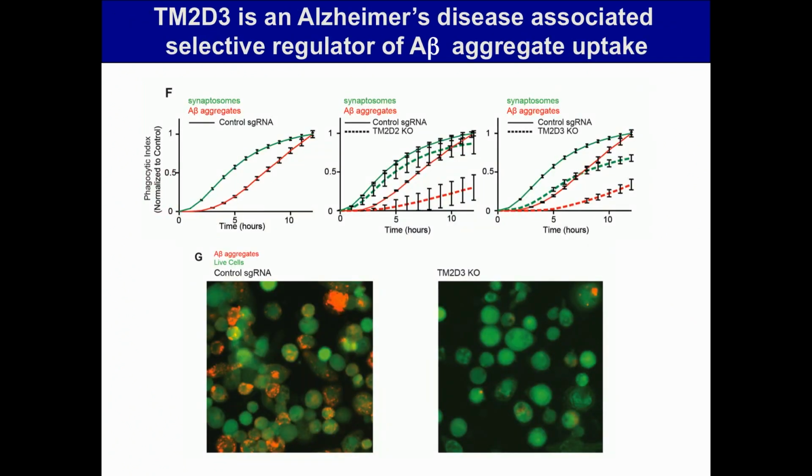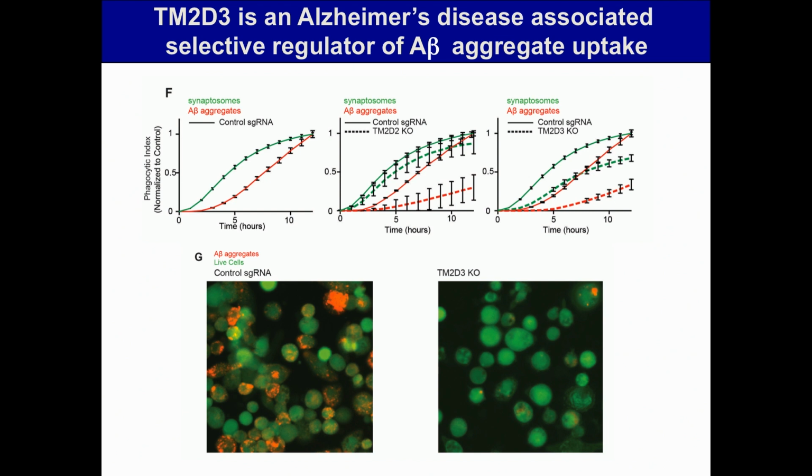So just to show you a couple of examples of this type, we could find that this gene, TM2D3, which was very poorly characterized but had been previously shown by GWAS to be associated with late onset Alzheimer's disease. When you knock out this gene or several other components of what is now known to be a physical complex of TM2D1, 2, and 3, you can see selectively they seem to, so I should say, wild-type cells take up these 2 different particles, synaptosomes or A-beta aggregates, which are important in neurodegeneration, about the same.